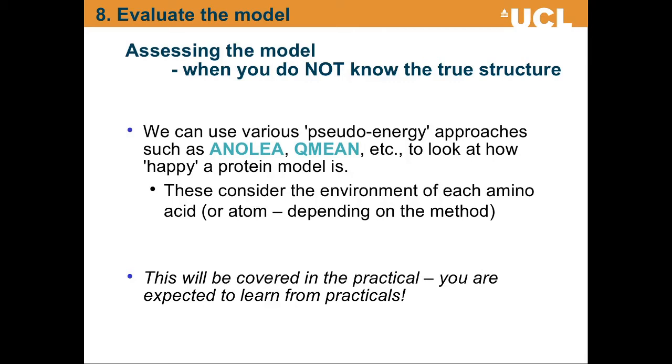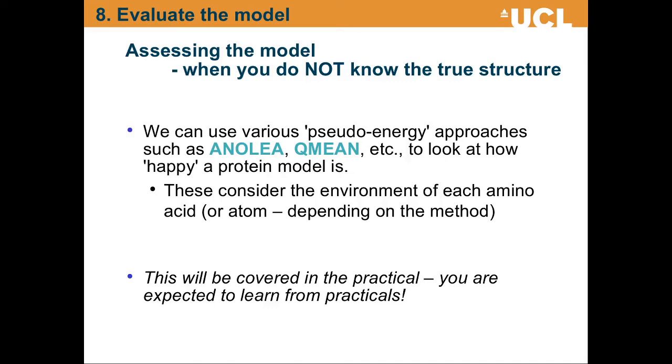And methods such as Anolea and Q-mean do that, and they essentially just look at the environment of each amino acid or each atom, depending on the particular method, to look how happy it is. So, for example, two hydrophobic residues like two valines are likely to be close to each other and have a preference to be interacting.